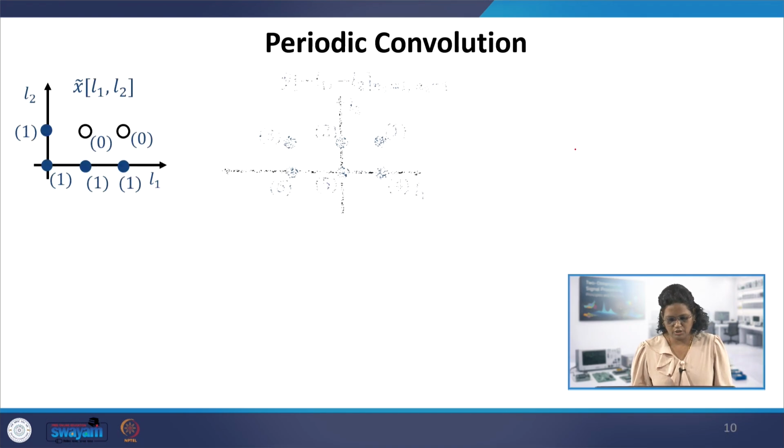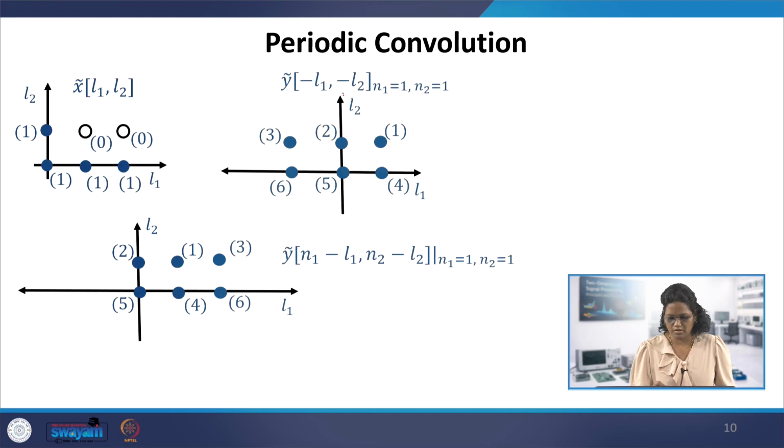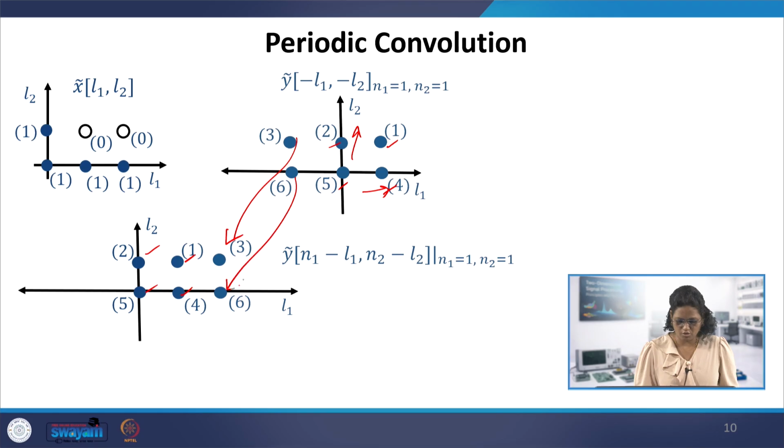So similarly, we'll continue for the (1,1) case. You can see the flipped sequence, right shifted ones and then up shifted ones, in this direction and in this direction. Then we find the mod function. Here that is 2 and 5, 4, 2 1 5 1 4. So 4 of them don't need any change, whereas 3 should be pushed and 6 should be pushed because this is in the negative indices.